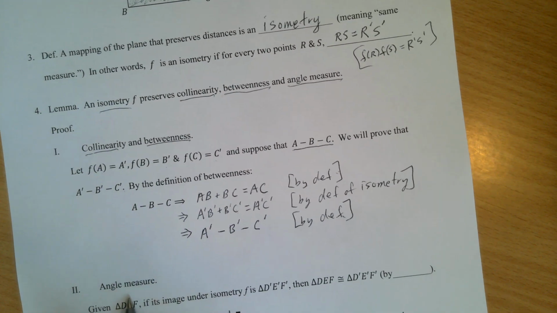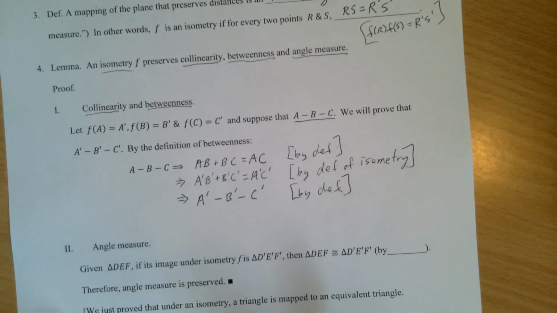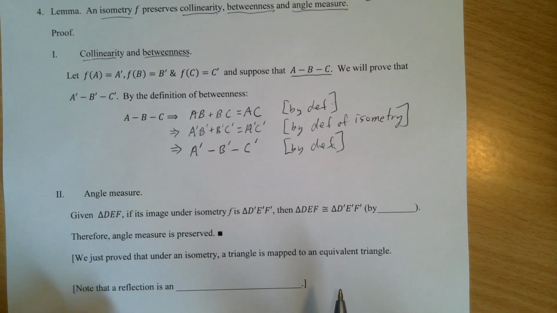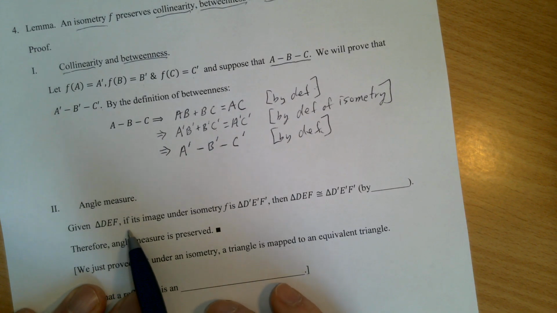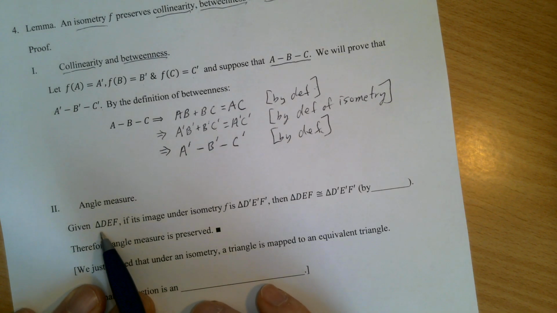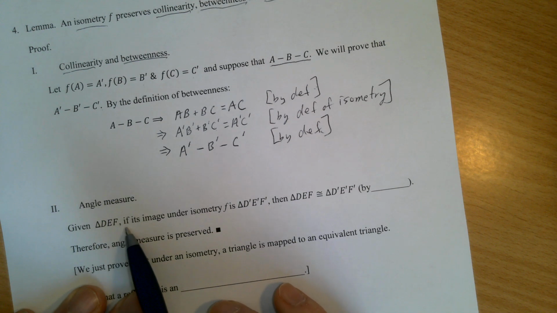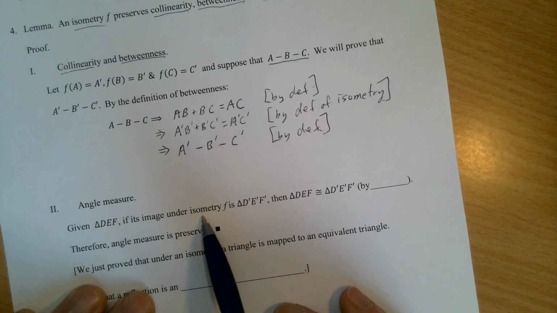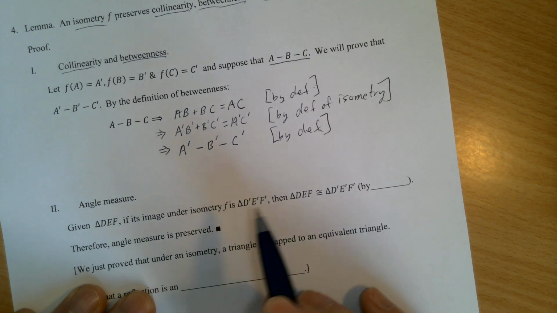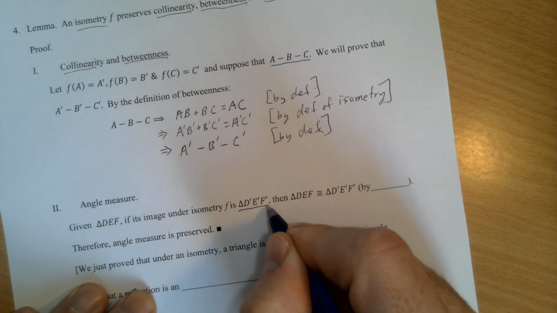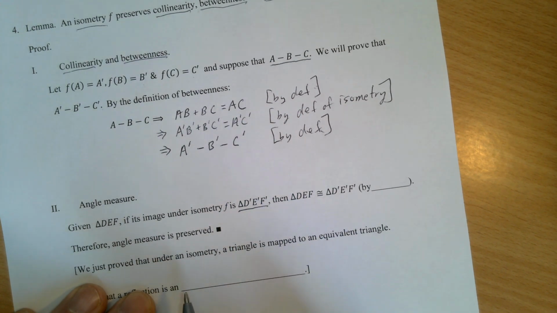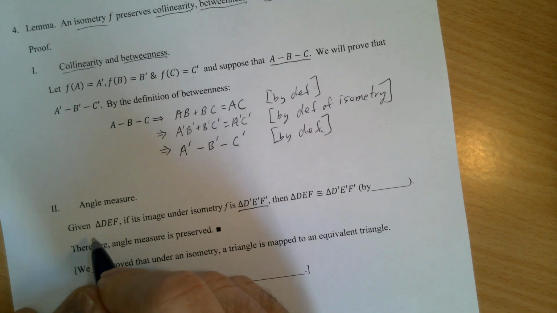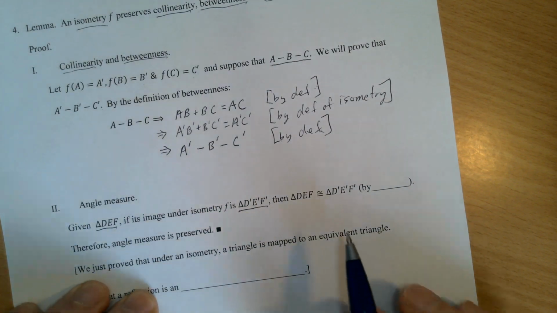All right, now let's prove angle measure. This is actually going to be very simple. Let's just take a triangle. You know, a triangle has 3 angles in it, right? Well, given triangle DEF, if its image under the isometry is triangle D prime E prime F prime, then we know that the 2 triangles are congruent.